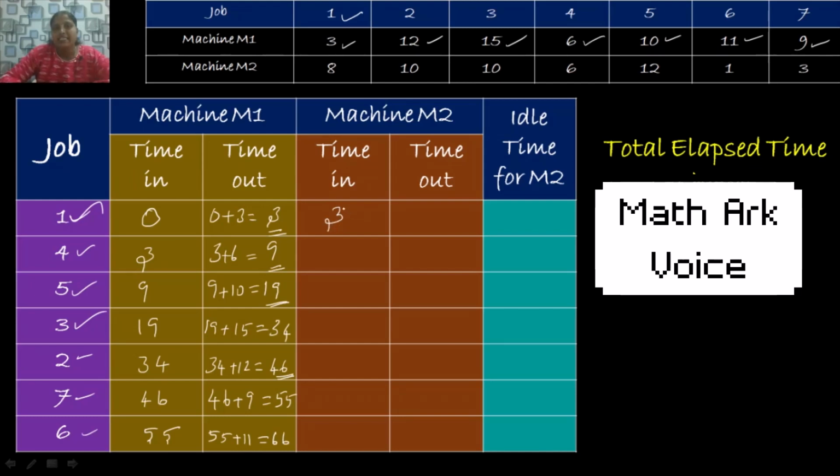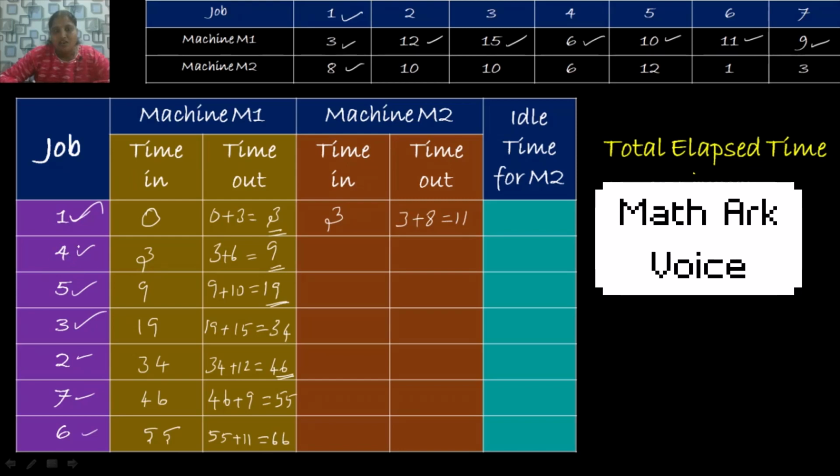It needs a processing time of 8 hours on M2. So 3 plus 8 equals 11 hours. So machine M2 has completed its processing of job 1 at 11 hours.